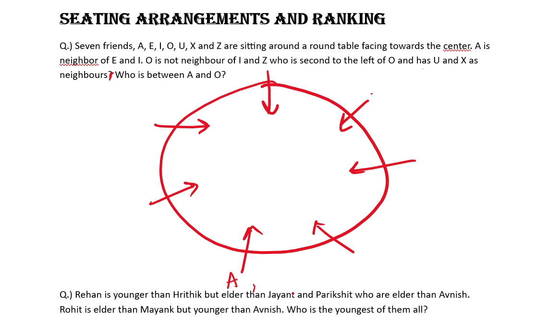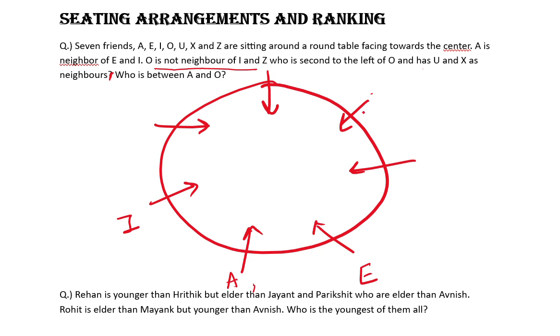He has given us A is neighbor of E and I. Neighbor means E and I should be at these places. Let us consider I at this place and E at this place. Now he's given O is not neighbor of I and Z, so O cannot be here.